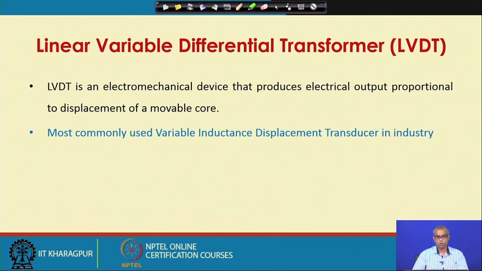LVDT is the most commonly used variable inductance displacement transducer in industry. So, this is a variable inductance type transducer and also a displacement measuring transducer.